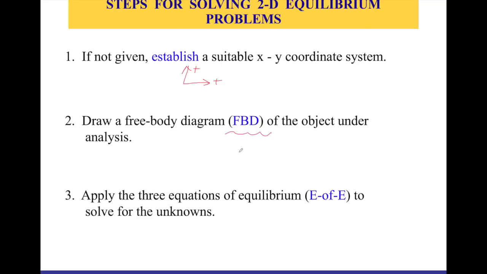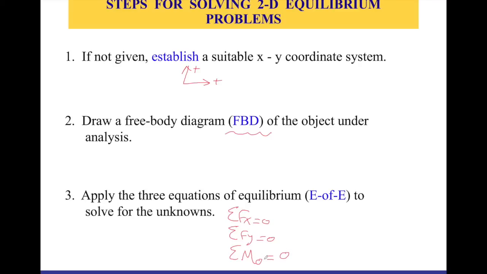The third step is, once you have your free body diagram and you know all your forces and moments in all directions, you can apply the three equations of equilibrium to solve for unknowns. Those equations are: the summation of forces in the x-axis should equal 0, the summation of forces in the y-axis should equal 0, and the summation of moments around an arbitrary point O should equal 0.